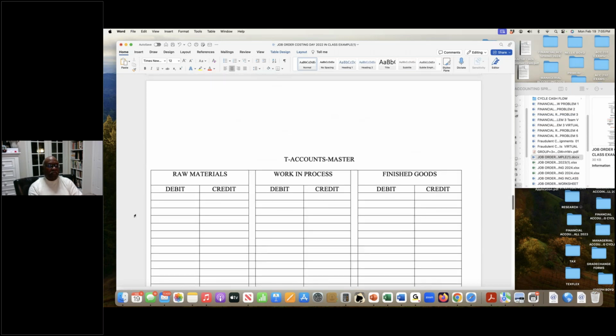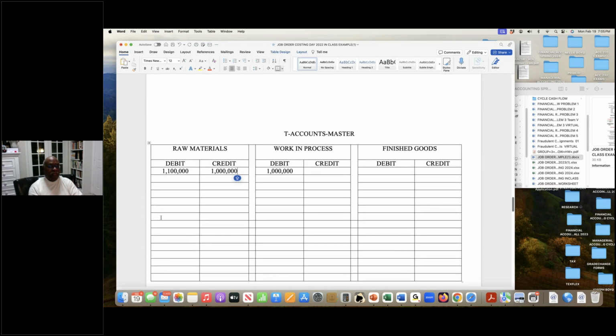For the raw materials, we had 1,100,000. Then when we got to stage 2, we transferred 1,000,000 of it into work in process. So now we only have about 100,000 left in raw materials.